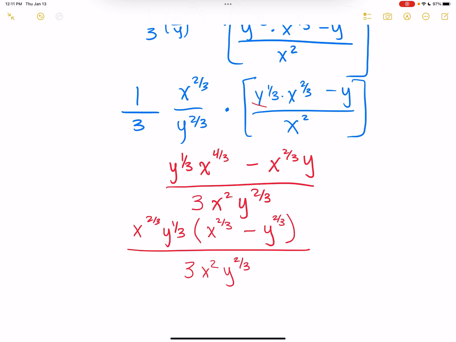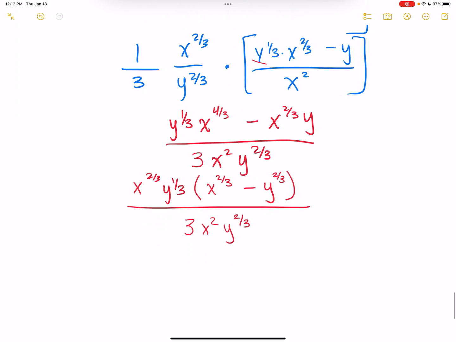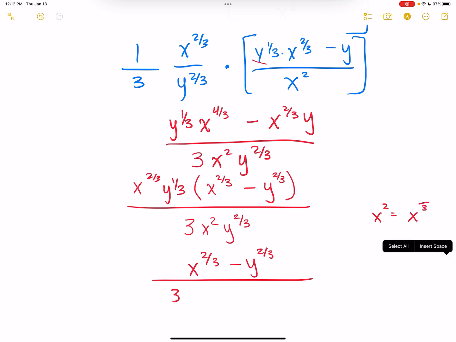So then this gives me, on the bottom, oh, hold on, the top, x to the 2/3 minus y to the 2/3 over, move it to the bottom, 3 times, okay, so I have x squared, which is equal to, I need it over 3, so x to the 6/3 minus the 2/3, so x to the 4/3.